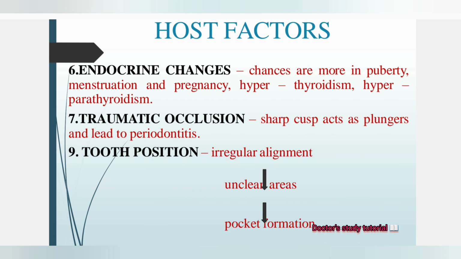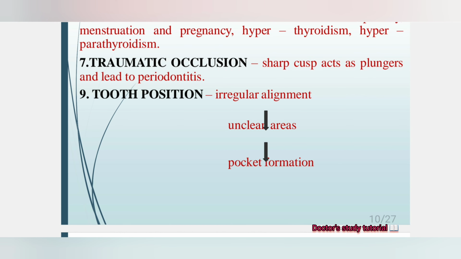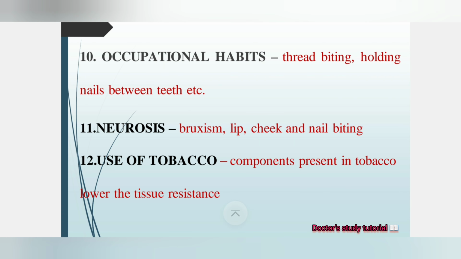Endocrine changes: changes are more in puberty, menstruation and pregnancy, hyperthyroidism and hyperparathyroidism. Traumatic occlusion: sharp cusps act as plungers and lead to periodontitis. Tooth position: irregular alignment causes unclean areas which cause pocket formation.